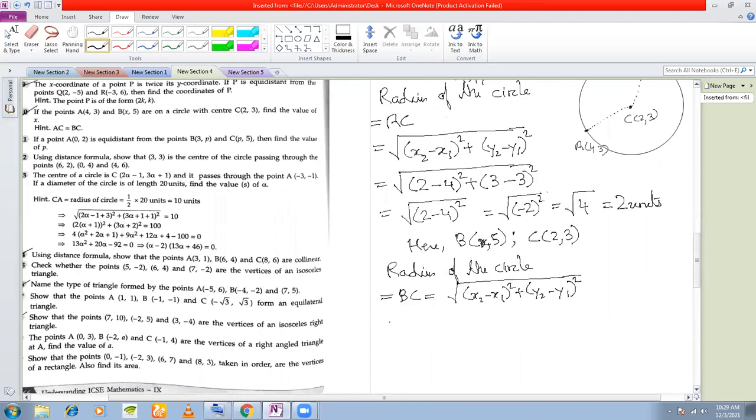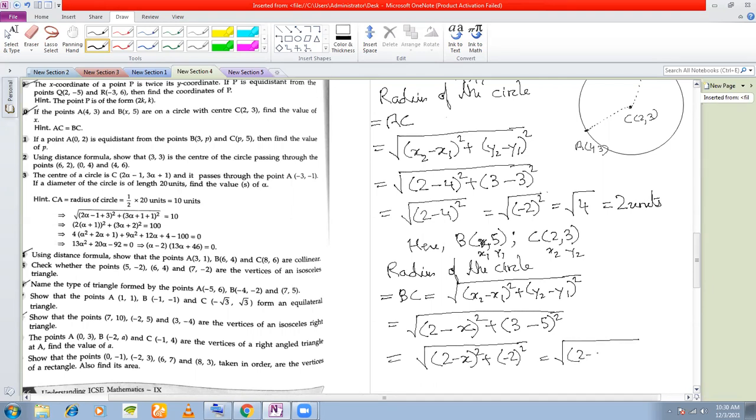So this is your x1, this is your y1, this is your x2, this is your y2. Put the values here: x2 minus x1, x1 is x, plus y2 minus y1. So this is the square root of (2 minus x) whole square plus (3 minus 5, which is minus 2) square. It is equal to the square root of (2 minus x) whole square plus 4.